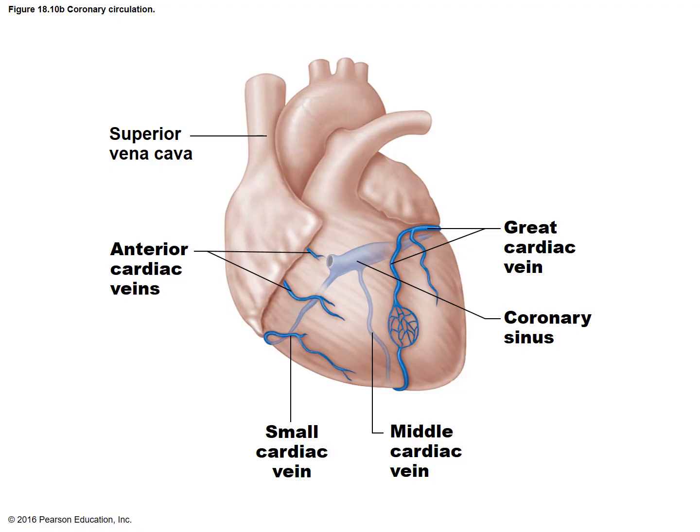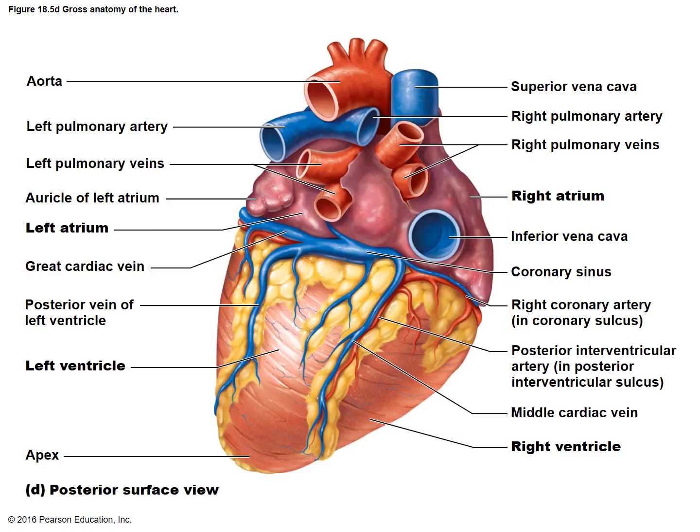And this is shown here. So once again, on this picture of the gross anatomy of the heart, this posterior view, you can see the great cardiac vein, middle cardiac vein, the right coronary artery, and the coronary sinus as it's going to feed into the right atrium.